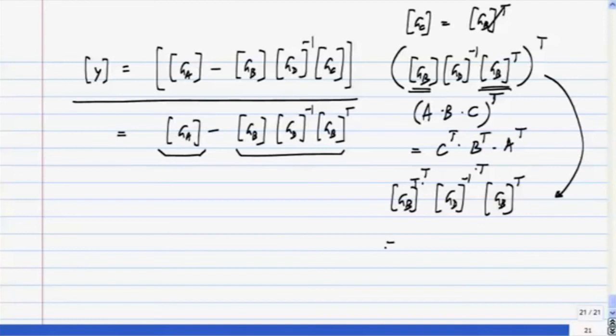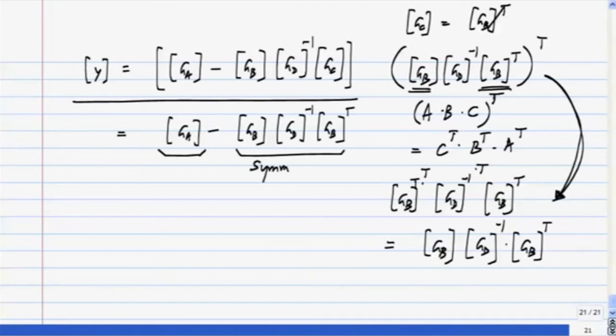And clearly this is equal to GB, GD inverse transpose. Remember, GD itself was symmetric, therefore GD inverse is symmetric. So GD inverse transpose is the same as GD inverse, and finally GB transpose. So the transpose of the matrix is the same as the matrix itself. So this is also symmetric.